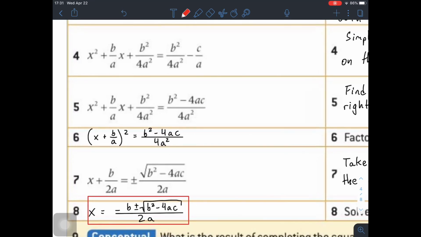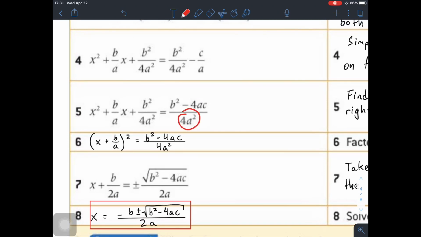By applying, and you see that here, I already completed the square. So this is equal to this that you see over here, x plus b over a squared. We already completed the square in that side. And in this side, I did a common denominator. So remember the rule. It's 4a squared divided by 4a, that's 1, times b squared, that gives us this b squared over here.